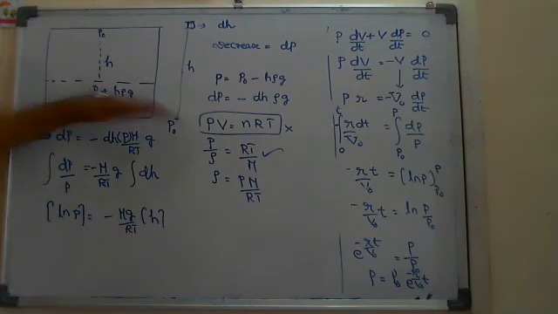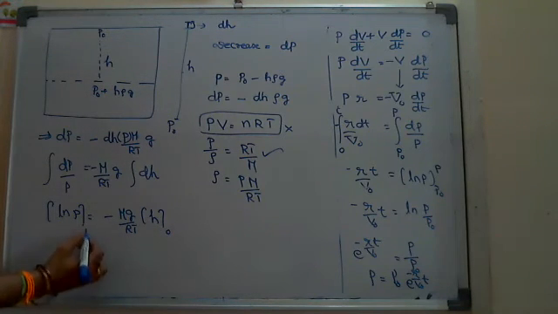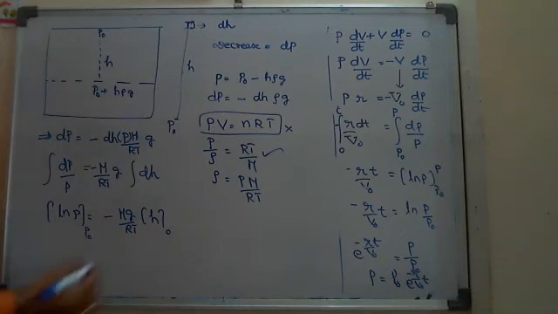At the ground level, H is equals to 0, the pressure is P naught. I am asking at a height H, what will be the pressure? So simple.